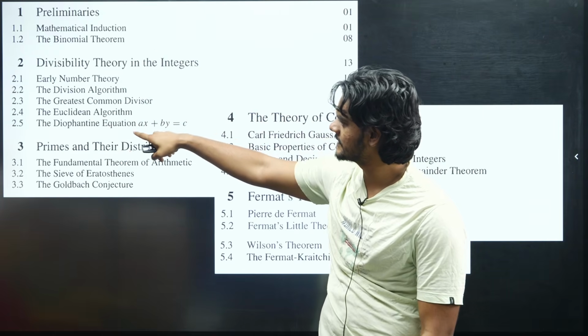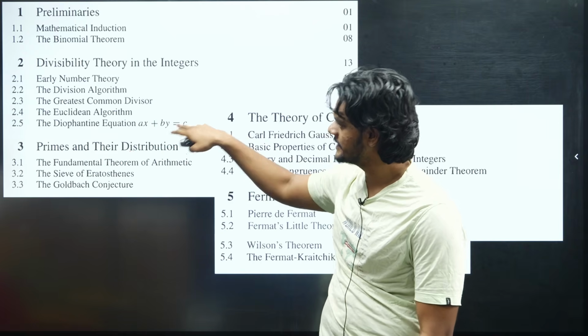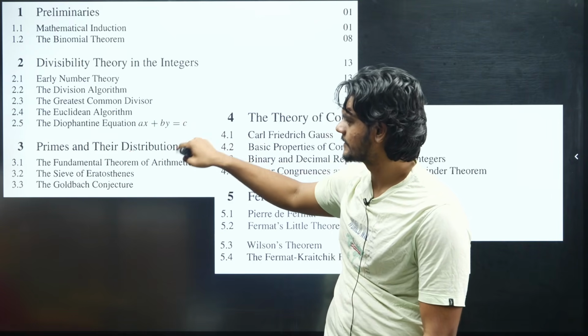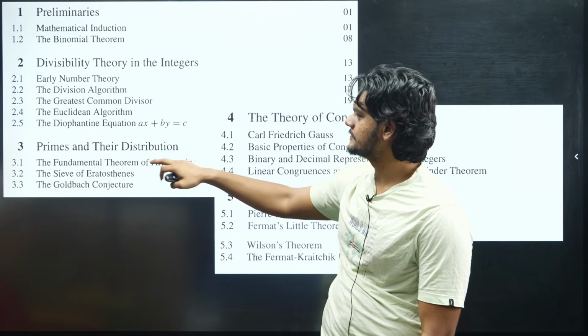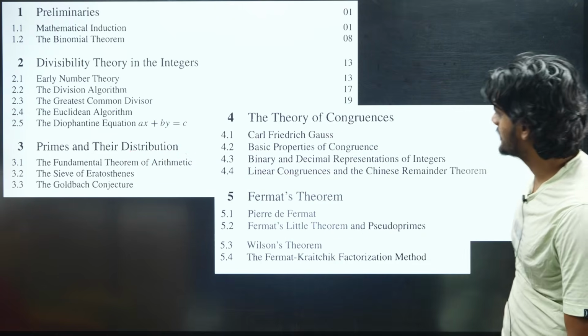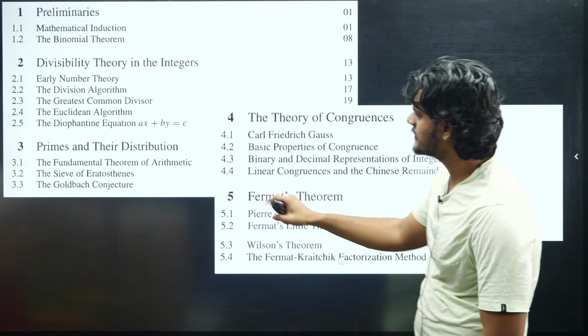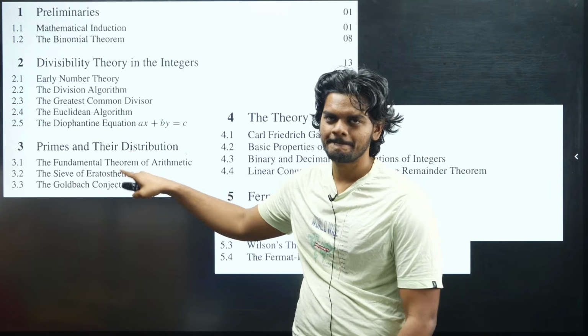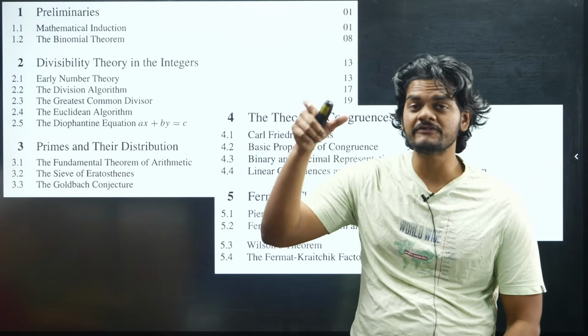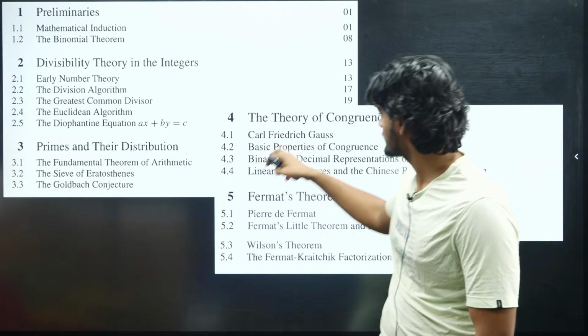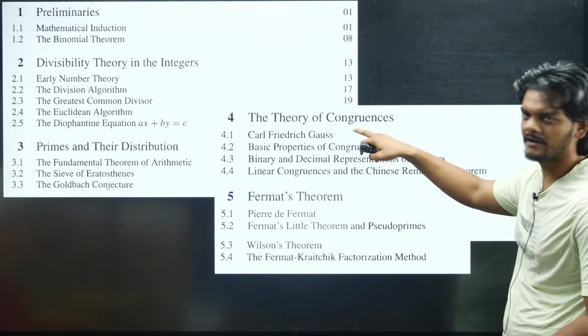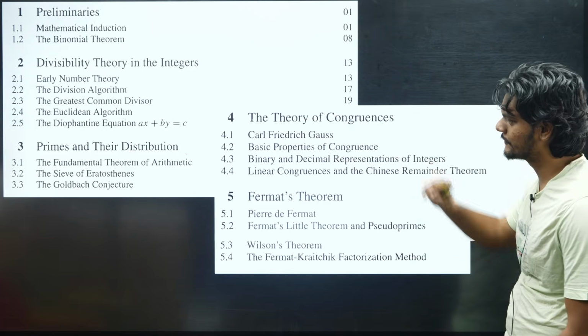Division algorithm, Diophantine equations again, but only this Diophantine equation he talks about here. Primes and their distribution, fundamental theorem of arithmetic. And the interesting thing is, whenever he talks about a particular person, he mentions a brief biography of their life. For example, Gauss' biography is given in the first part of the 4th chapter.